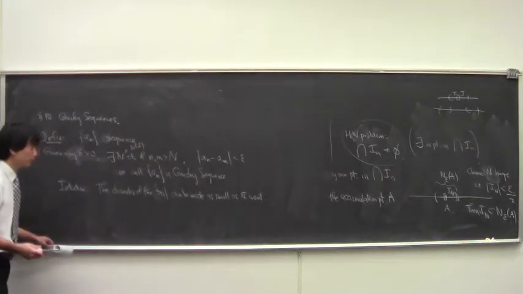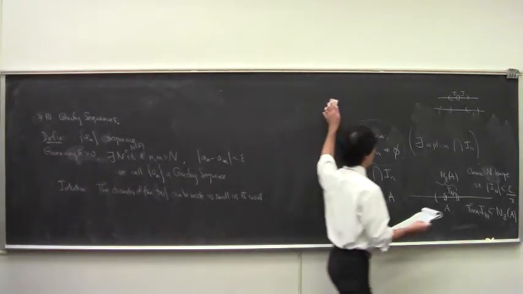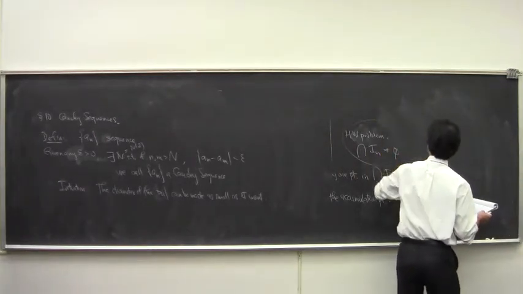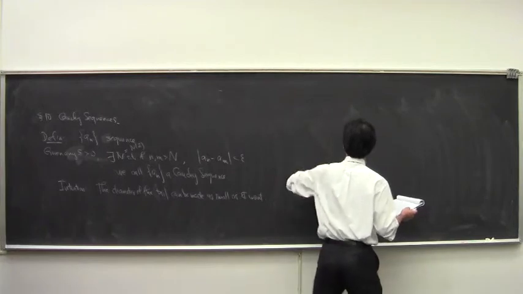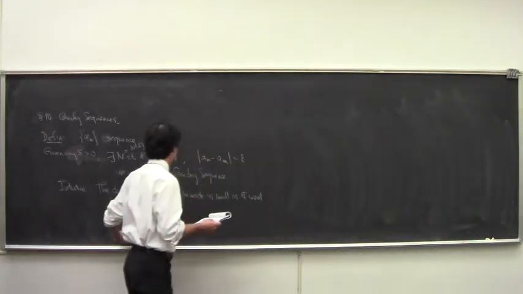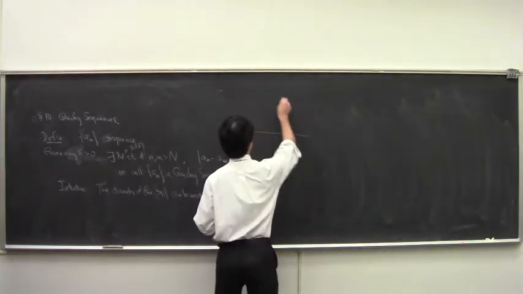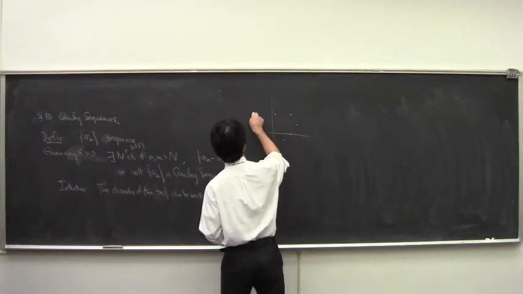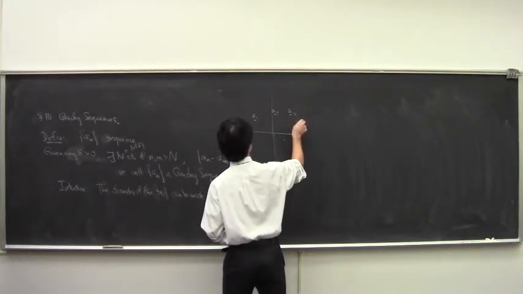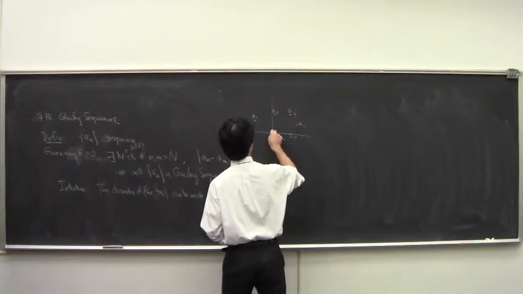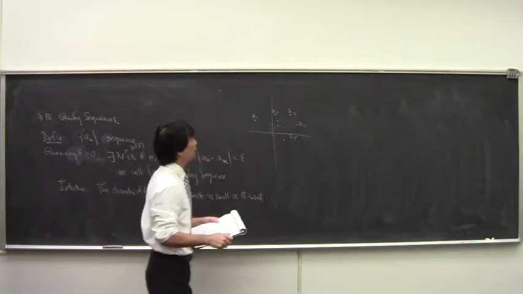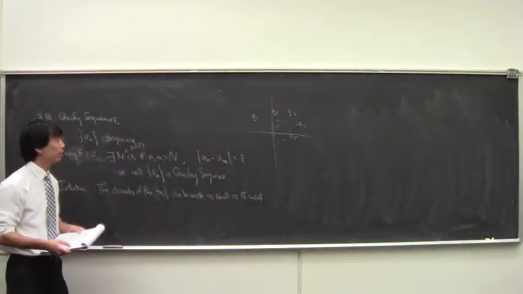That's how I think about Cauchy sequences. You have your sequence, a1, a2, a3, a4, a5, and so on.